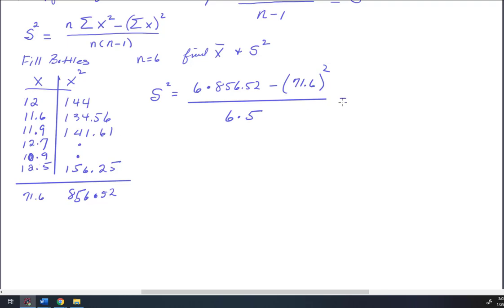And the numerator will turn out to be, and I'm just putting this step down, so if you want to do it yourself, you can critique me or you can critique your own work, but you should get 12.56. I think that's pretty accurate. I did it a couple times. Over 30 is equal to 0.4187. That I maybe would say is approximately equal to, and that is s squared.